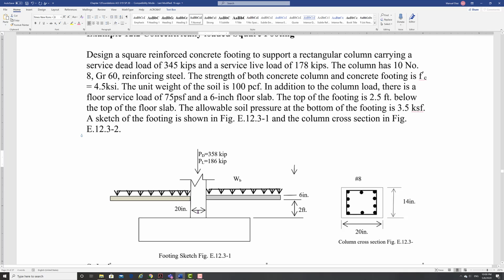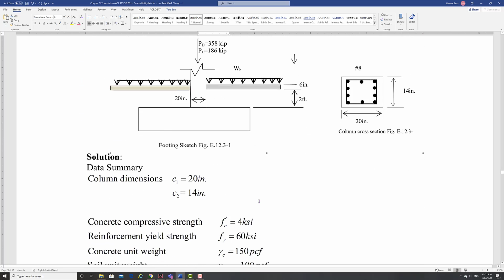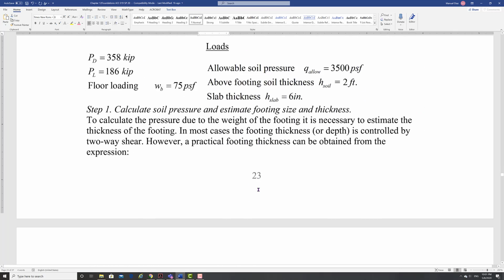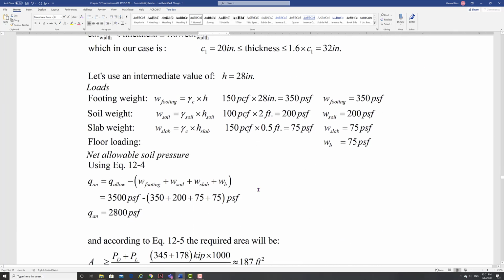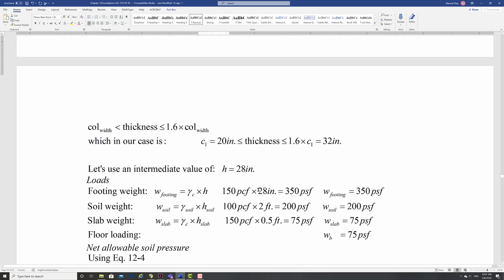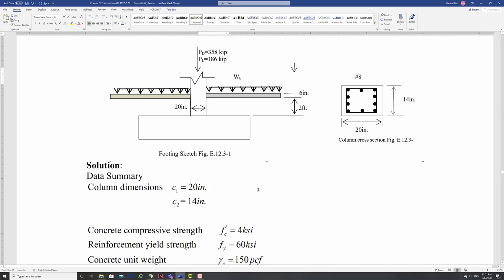You got the column width 20 in there, right? And then you got 2 feet here, 6 inches of slab, right? That adds the weight that we need to consider. And so we got the dimensions.